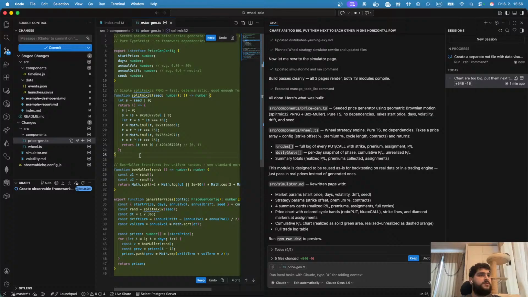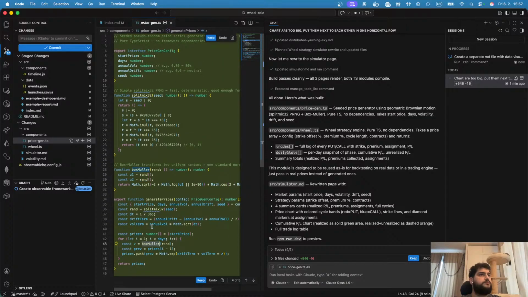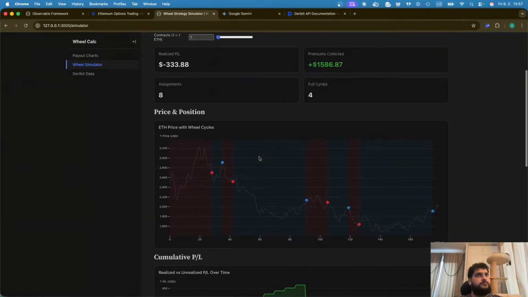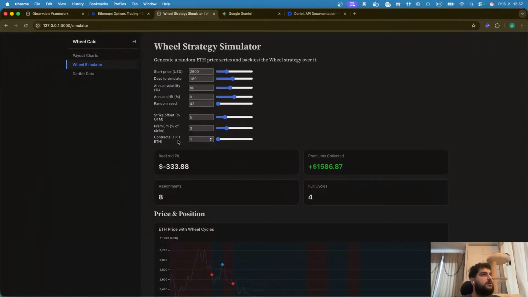Okay, so it uses deterministic random. Okay, can we change the seed for it? Oh yes, we can. Where is the seed? Oh, okay, this is the one. 42. Oh, my friend would have loved it.